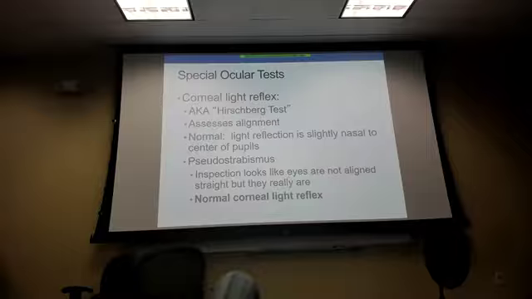There's a particular entity. I think I've seen pseudostrabismus on every pants exam. So pseudostrabismus is one of the ones that they'll try to catch you on. Because it looks like this kid has misaligned eyes, but the light reflex is normal. So you're like, what's going on, right? If you look at a baby, babies have a lot of extra on their face. They have a pretty wide nasal bridge. There's a lot of extra pudginess.